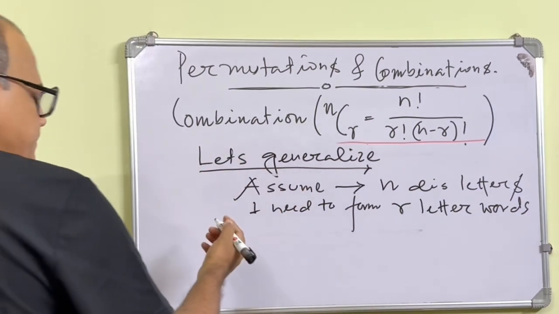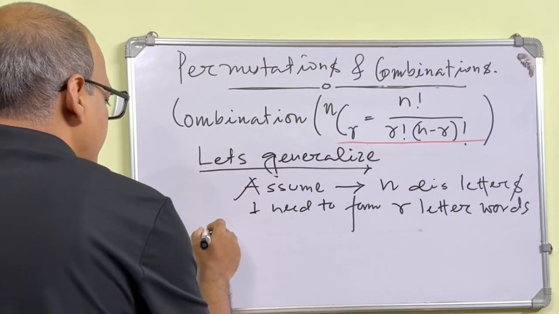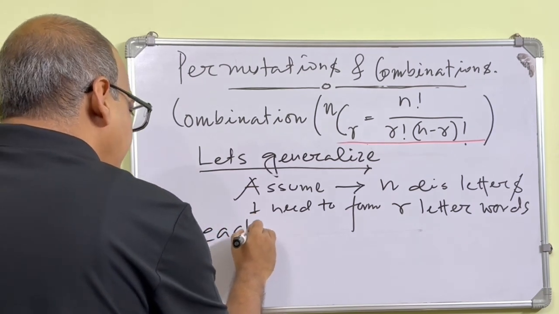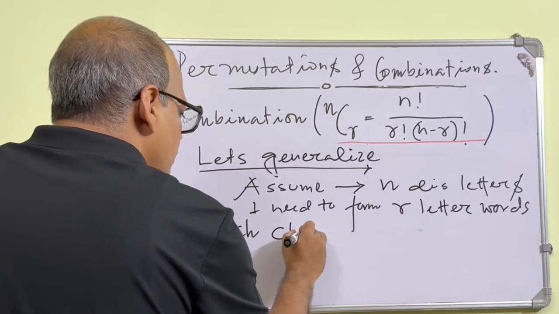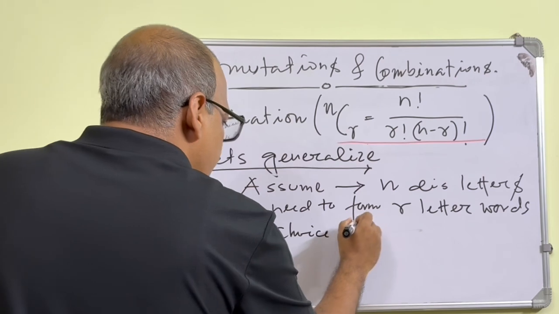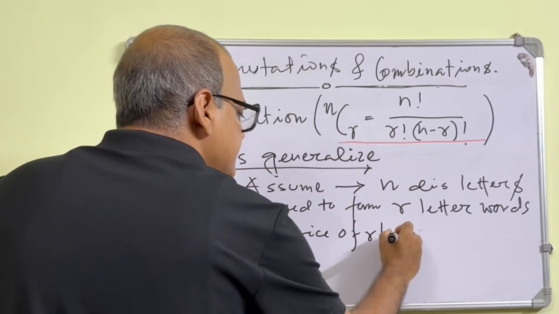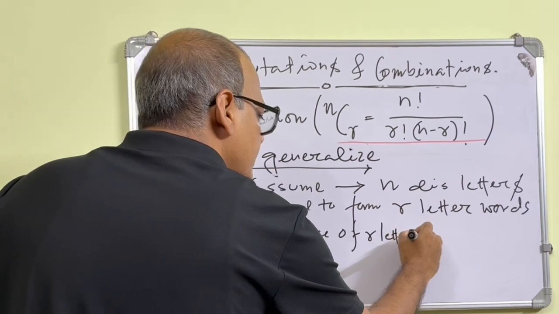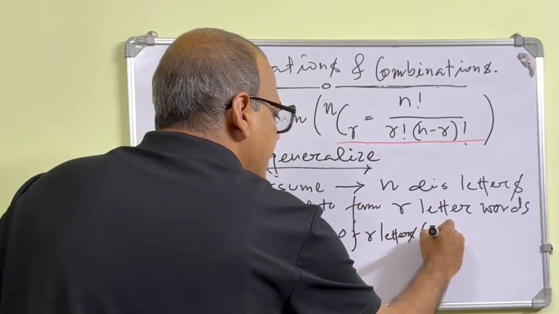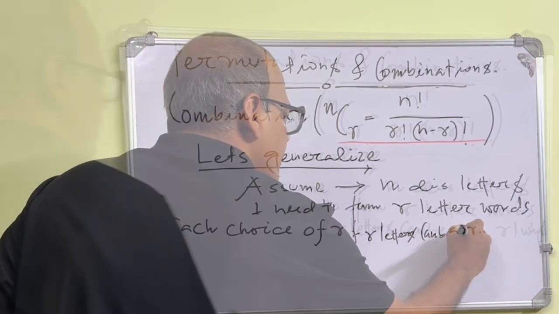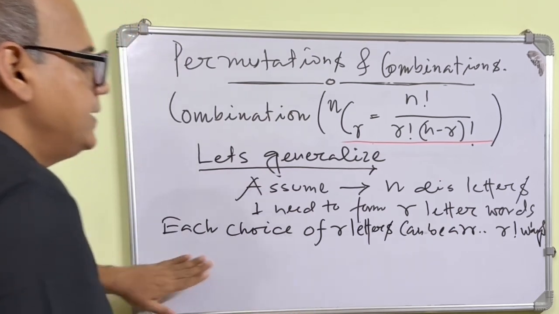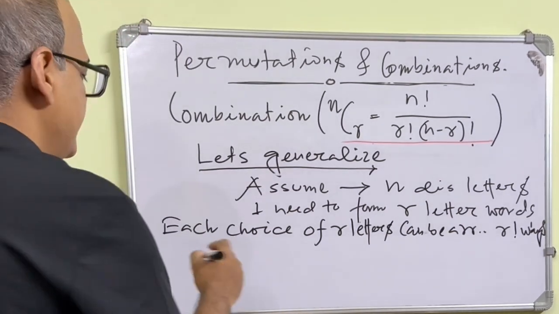What we have seen, each choice of r letters can be arranged, and we assume that there are x such choices.